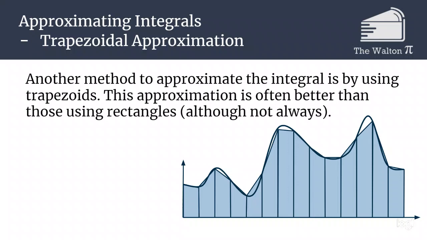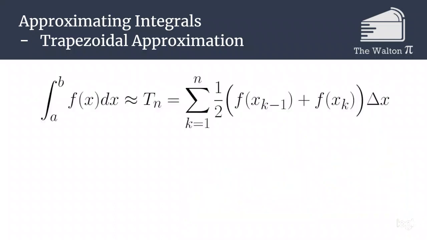But as a general rule of thumb, the trapezoid approximation will probably be a better approximation. We define it as the sum from k equals 1 to n of 1/2 times f of x sub k minus 1 plus f of x sub k, all times delta x.